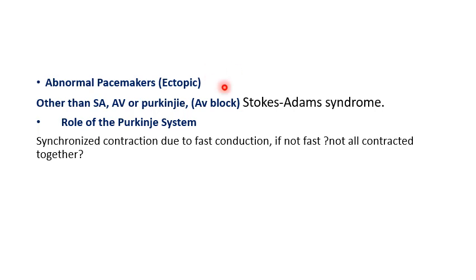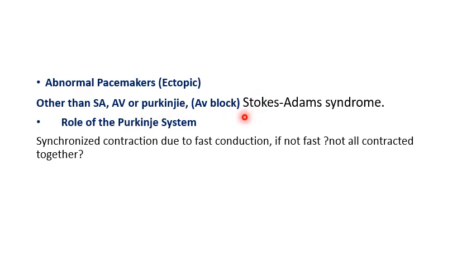Then the atrium will have its own rhythm, which is referred to the SA node, but the ventricle will obey another rhythm, either in the AV bundle or in the Purkinje system. Could be the penetrating AV bundle. And that is a syndrome called the Stokes-Adams syndrome.